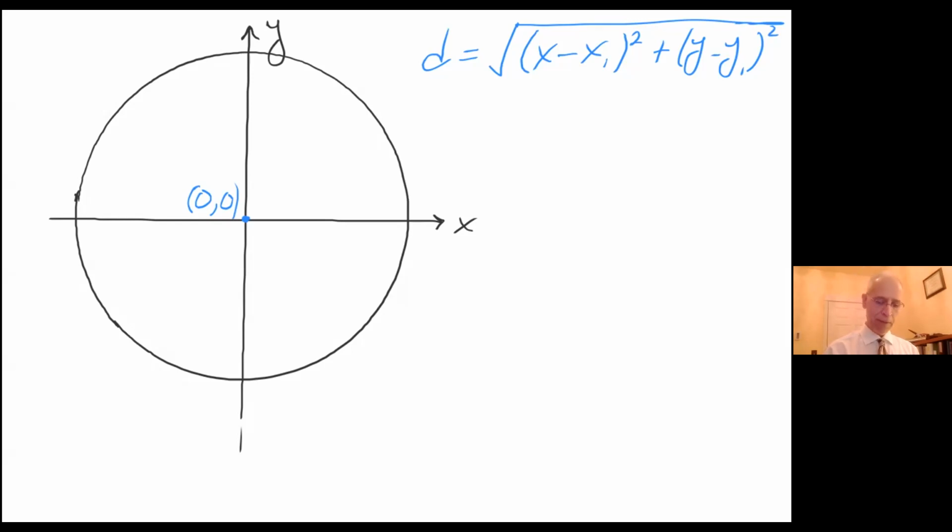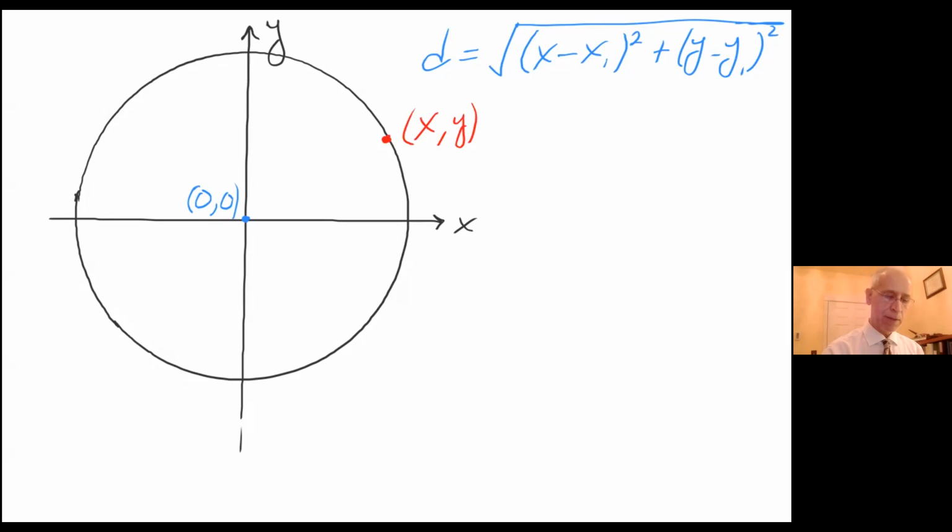Okay, so notice that any point I pick on this circle, let's say some point right here, the coordinates of this point are some x, comma, some y. And it really doesn't matter where I pick that point. It could be anywhere on the circle.